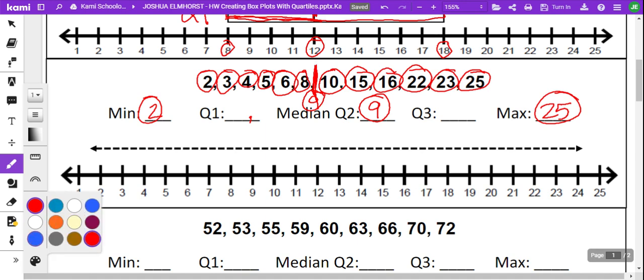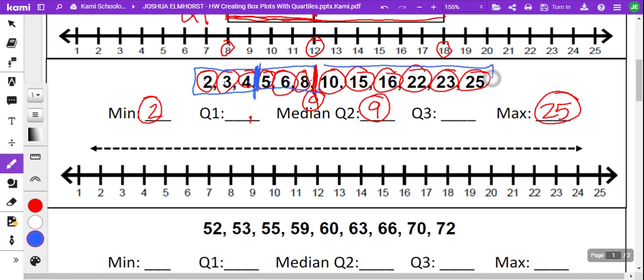Now we go to the left side, and we have 1, 2, 3, 4, 5, 6. So we're going to split it 3 and 3. Then we go to the right side. 1, 2, 3, 4, 5, 6, and then we split that. So on the left side here, between 4 and 5 is going to be 4.5.